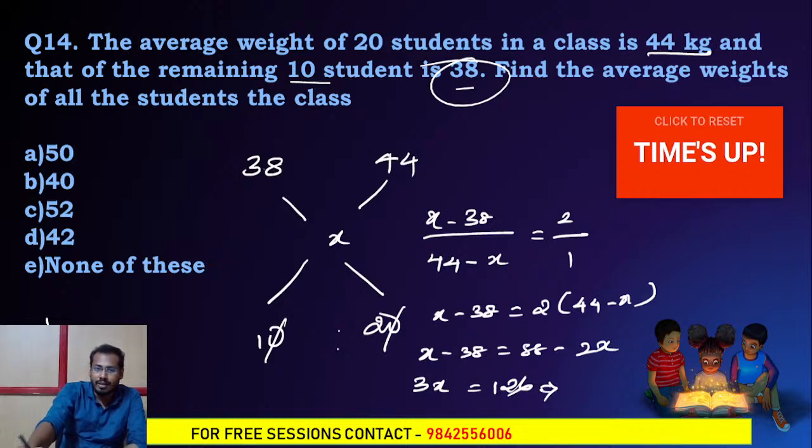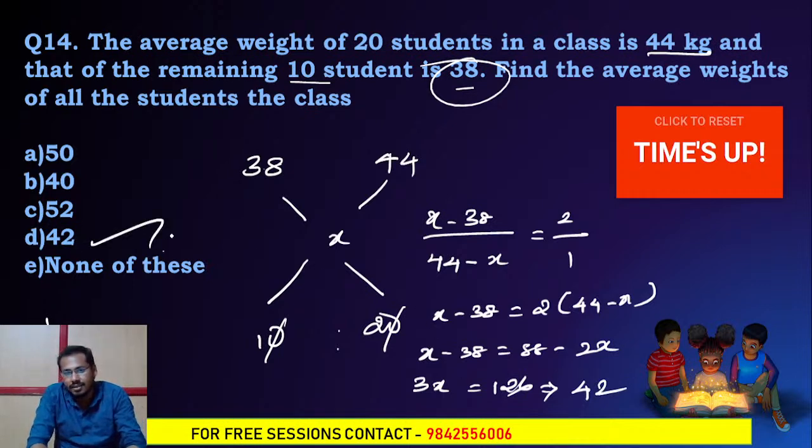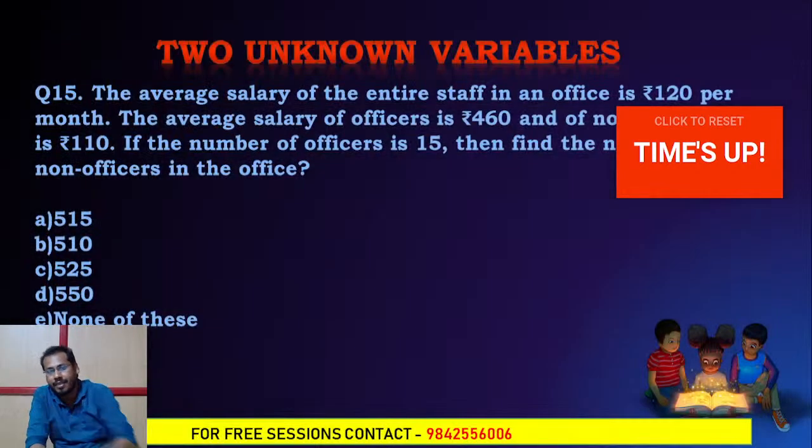In 12 we have 4 threes, and 6 gives 2, so 42 is the right answer, correct? That's it. Okay, just do the next problem.